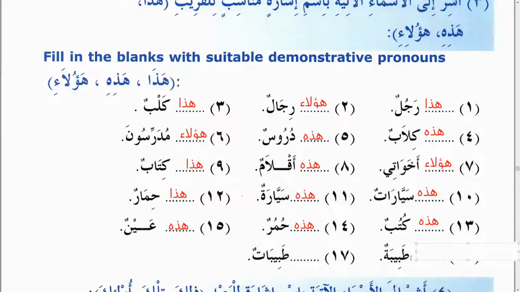Tabibatun. Last two. Hadihi also. Hadihi tabibatun.